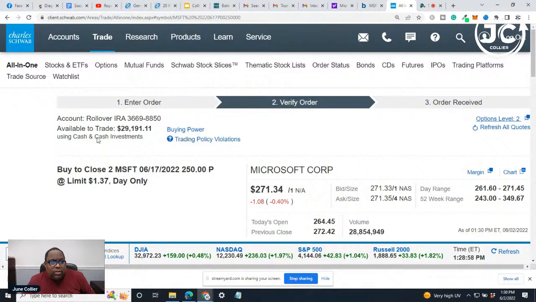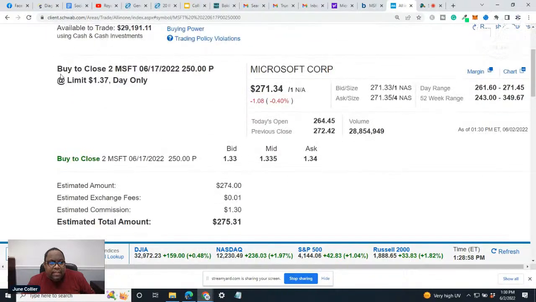So here's the order. The order is basically telling me this is in my IRA account. It's telling me that I am going to buy to close out 2 Microsoft 6/17/2022 250 put contracts at $1.37 for today only. Okay. All right. I'm good to go with that.